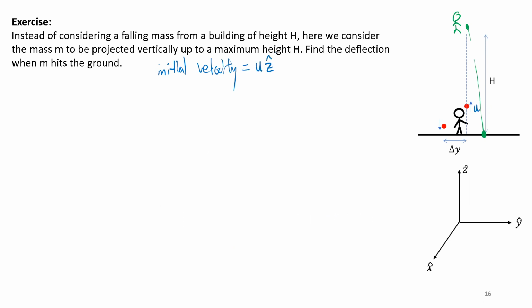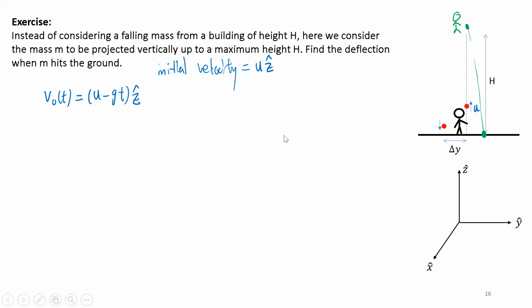So I just write u z hat. Therefore, the velocity of this particle, if we ignore any Coriolis effect, will be u minus gt, instead of just minus gt as in the last example.